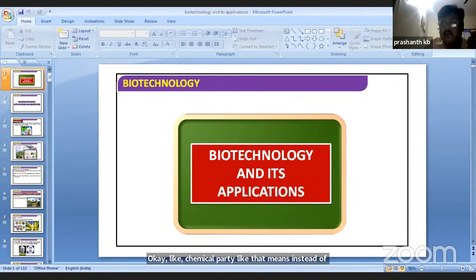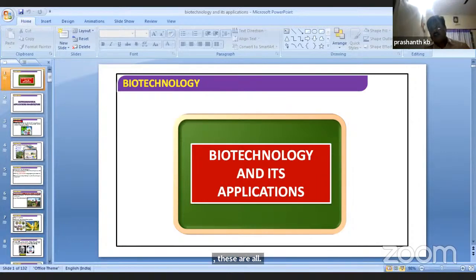Dry leaf, vermicompost, cow dung. These are biological fertilizers. Not only this, Anabaena, Nostoc, Azospirillum, these are all biofertilizers. Okay. Next one, better agricultural management strategy.